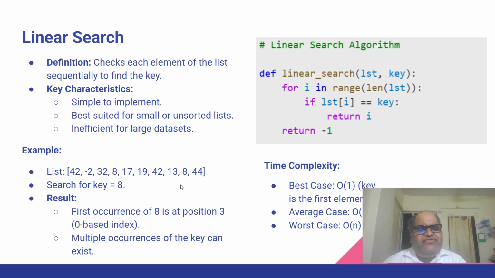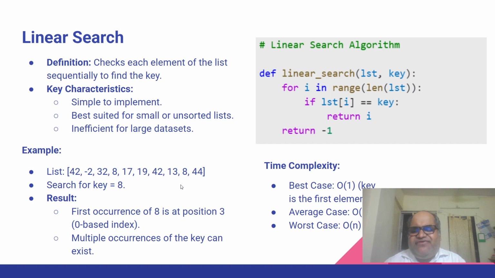So one of your questions could simply be: given a list, search for an element and return the index. Of course, there could be multiple occurrences of the key, and the implementation can take care of that as well. Best case doesn't make sense here; it's just like you are lucky and your item is there at the beginning itself. So best case is not meaningful here.